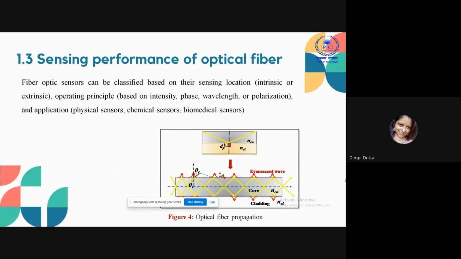In sensing, as I've already mentioned, I have shown via a diagram how the evanescent wave works. If I remove the cladding, a few parts of the transmitted light from the core penetrate into the cladding part, and this can be observed. This gives us information about the changes in the fiber, the changes in the transmitted information, and that can be utilized for sensing purposes.